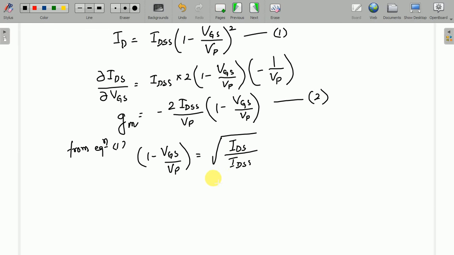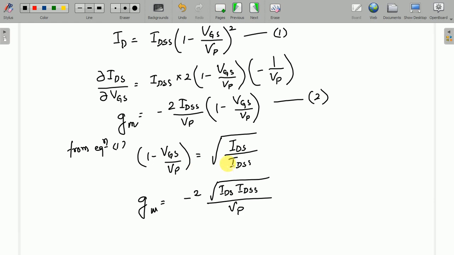Now substituting this value, 1 minus VGS by VP equal to under root IDS by IDSS, in equation number 2, what we get is GM equal to minus 2 under root IDS into IDSS whole divided by VP.